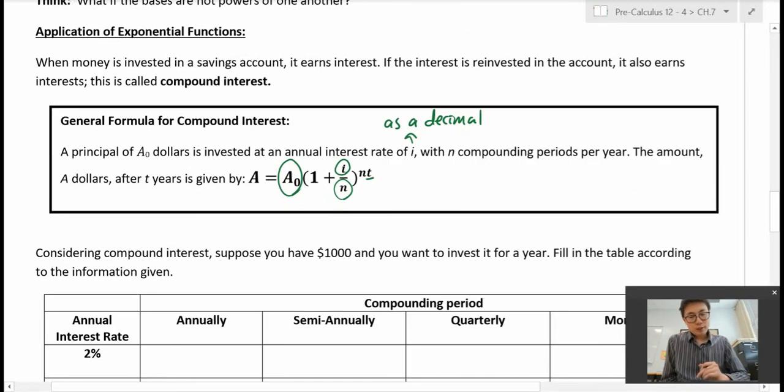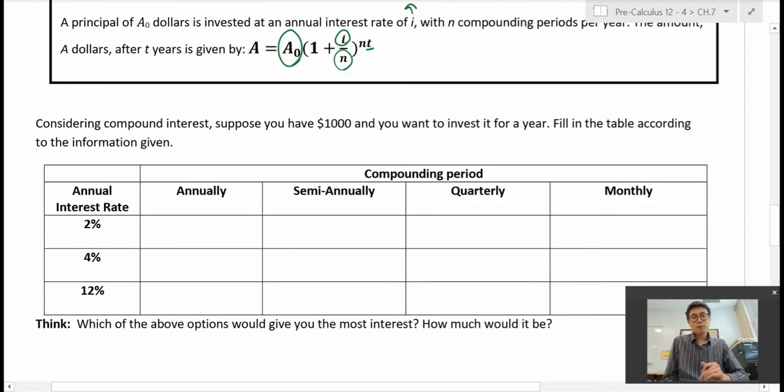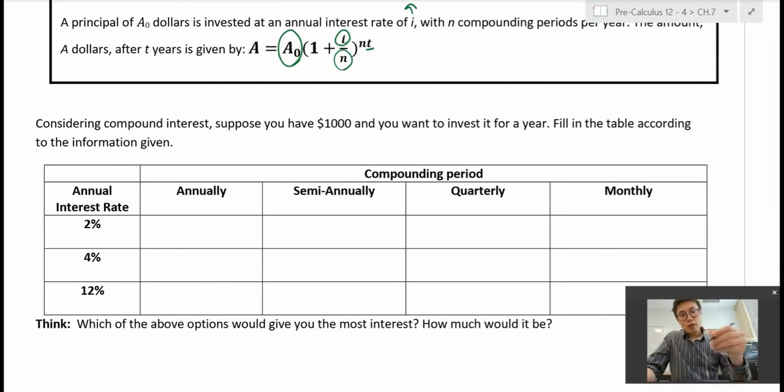Okay, so let's see. Here is considering compound interest. Suppose you have $1,000 and you want to invest it for a year. Fill in the table according to the information given. So we are just going to take this formula and this information and plug in to the formula. We have an initial amount of $1,000 and we invest it for a year.